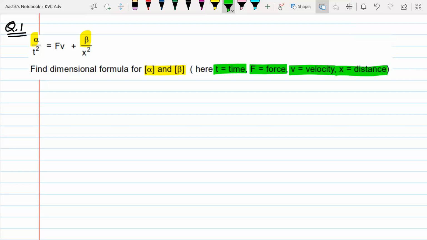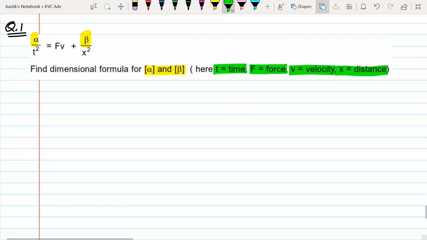Karthik has given me the answer for alpha as well. Well done. What about the others? We are looking for dimensions of alpha and beta, my dear friends.